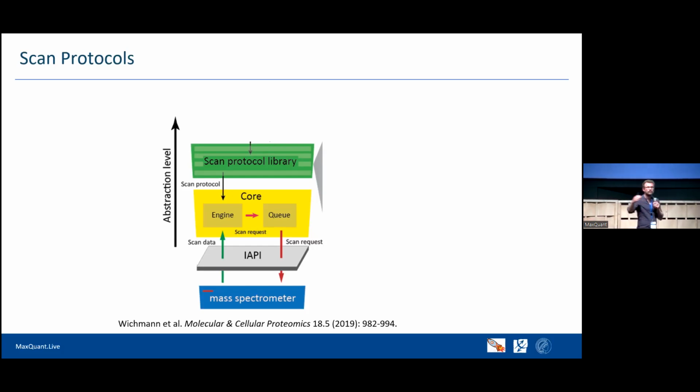Then we have a queue of scan commands, scan requests, and they are sequentially sent to the mass spectrometer. So the engine executes these strategies, and we call that scan protocols, and they are contained in a library. So the software has a list of scan protocols, which apply various acquisition strategies.